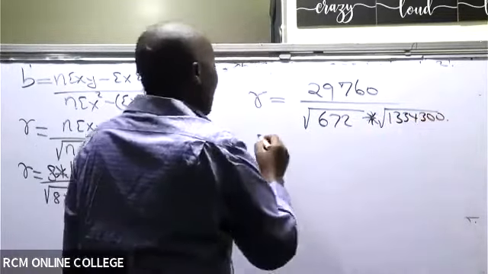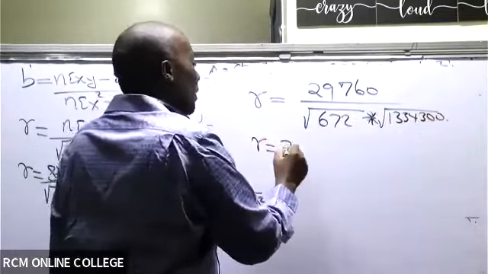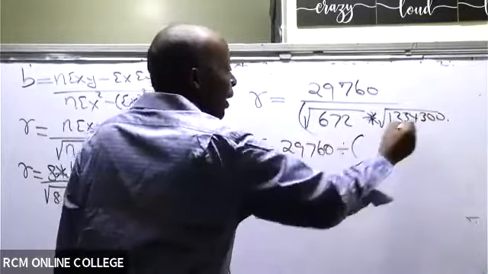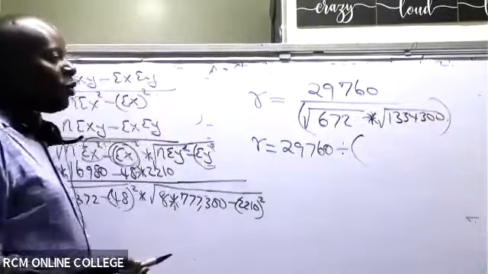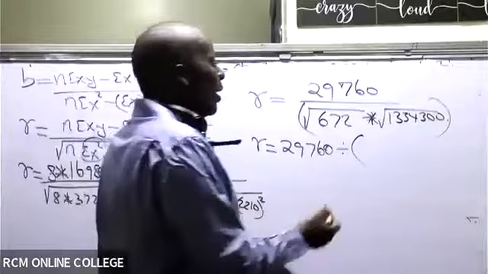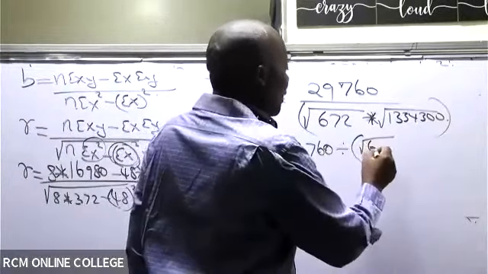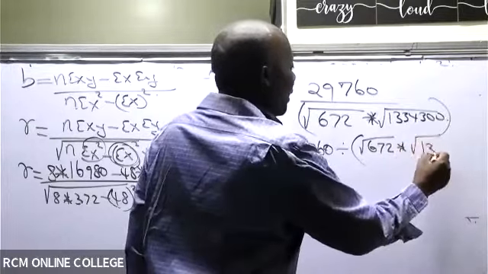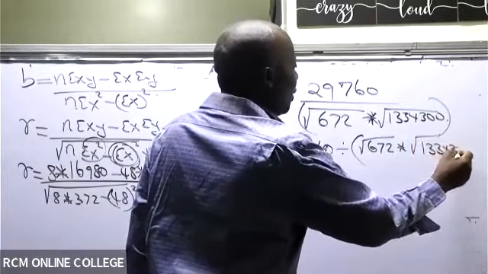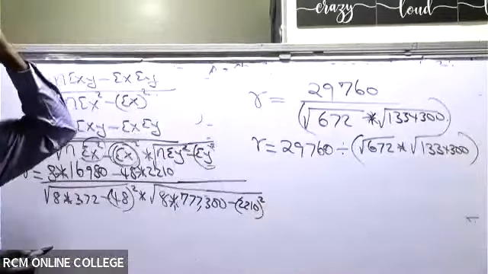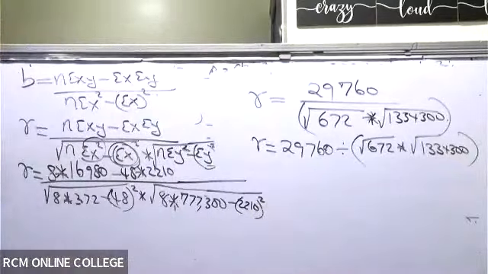So in your calculator, you say 29,760 divided by, open bracket to take care of it, because there are two terms. You must always open brackets. So you say square root of 672 times square root of 1,334,300, and then close bracket and press equals.